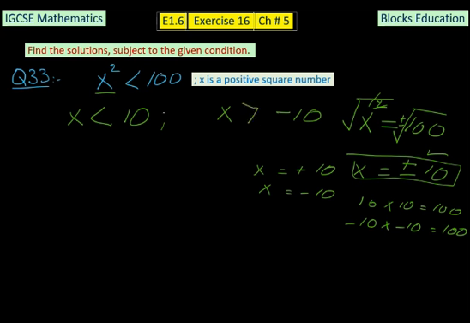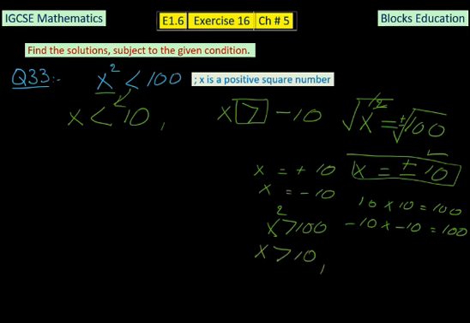So just keep in mind, whenever you solve the square number and you make it a single x, one inequality will be as it is, and the other, you invert the sign with the minus number. Let me quickly take another number. Suppose you have x squared greater than 100. What will happen this time? The one will be as it is, x greater than 10.